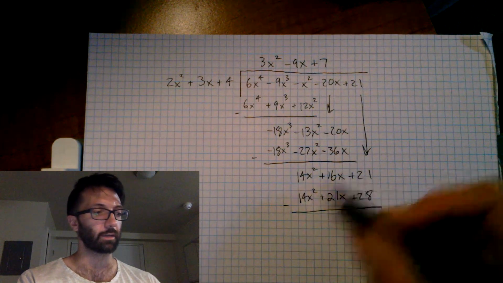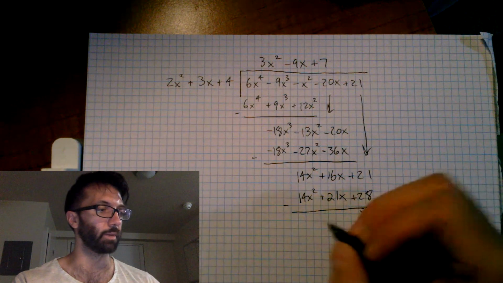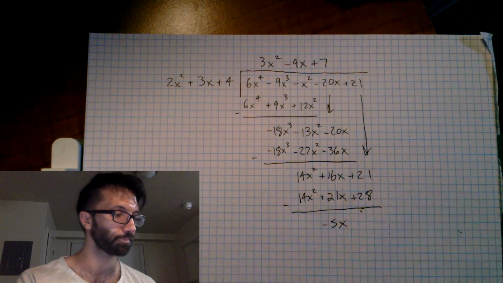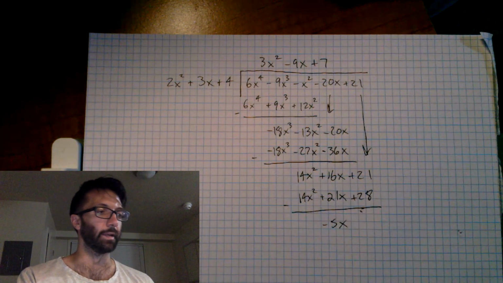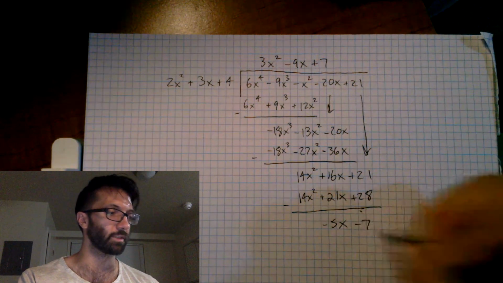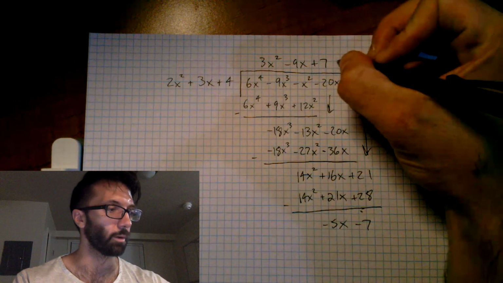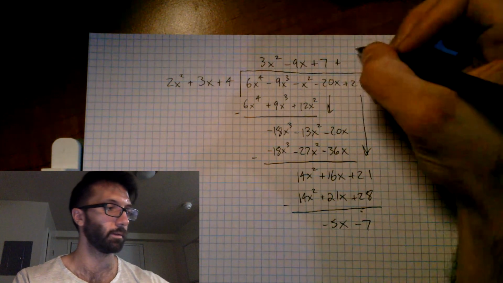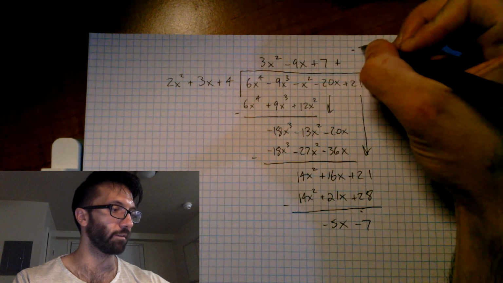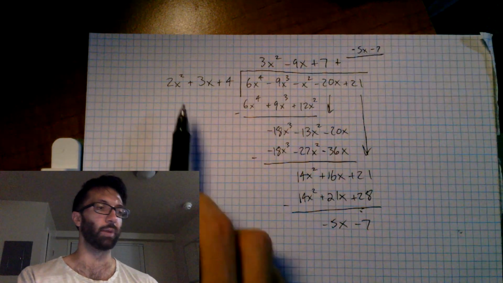Positive 16x minus 21x, that's going to be negative 5x. And then 21 minus 28, which is negative 7. So this here is your remainder. So we're going to add the negative 5x minus 7 divided by the divisor.